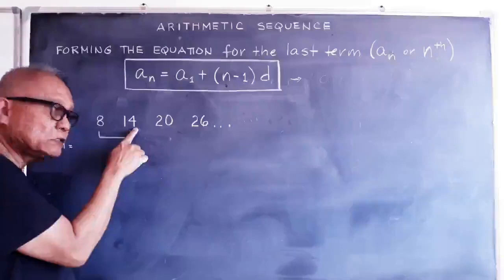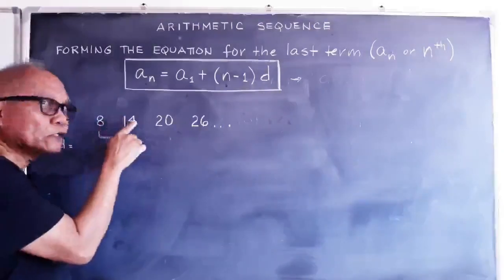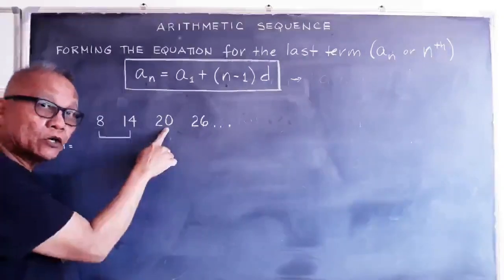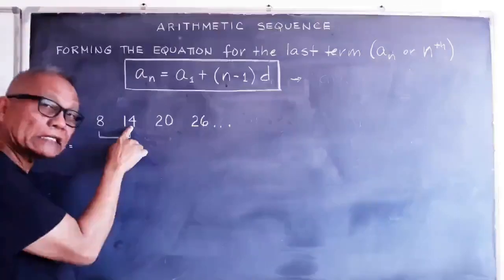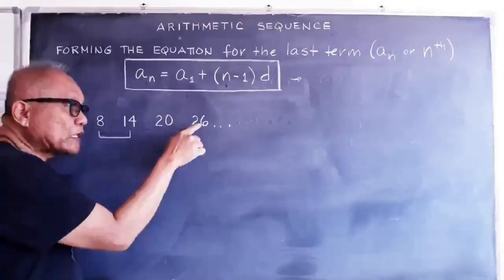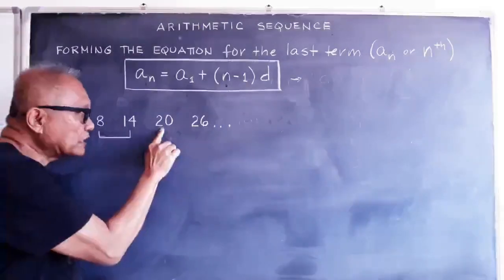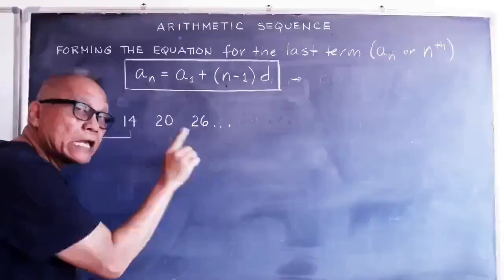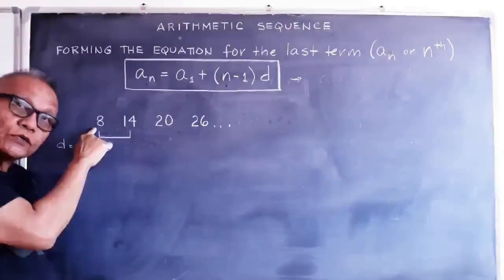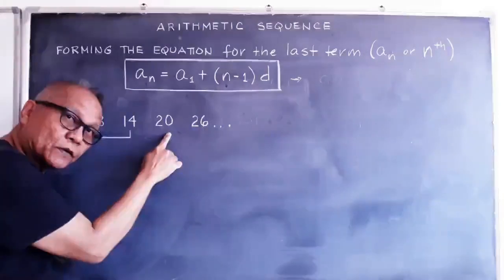It's 14 minus 8, not 8 minus 14. You have 20 minus 14, but not 14 minus 20. It's 26 minus 20, but not 20 minus 26. It is always this minus the previous number.